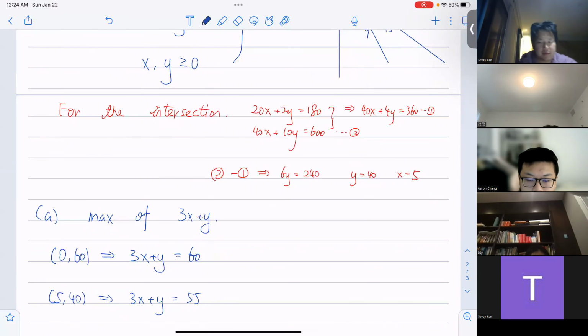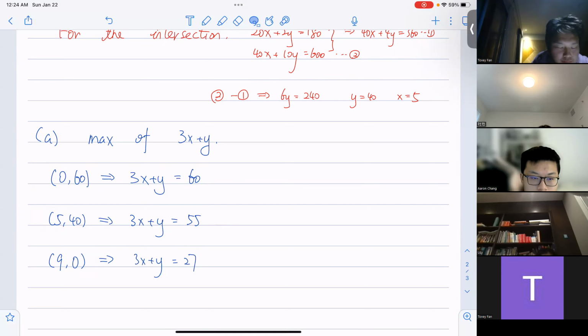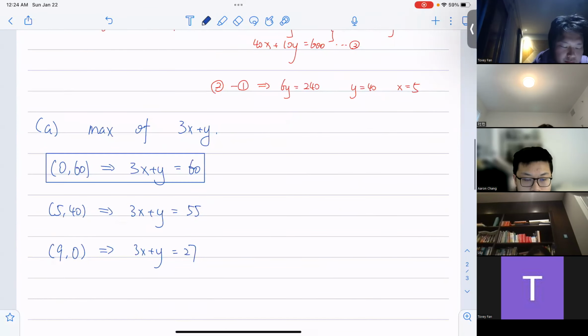Lastly, we plug in the last intersection, 9, 0, and that means we have 27. If you compare across the 3 endpoints, obviously the first one is the largest, and that is what we want. So x means the number of games, y means the number of movies.